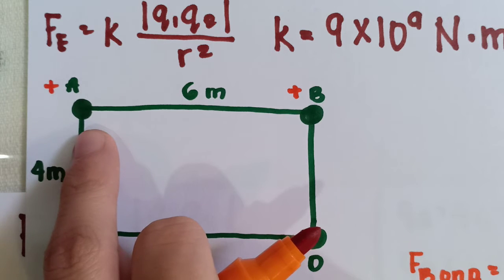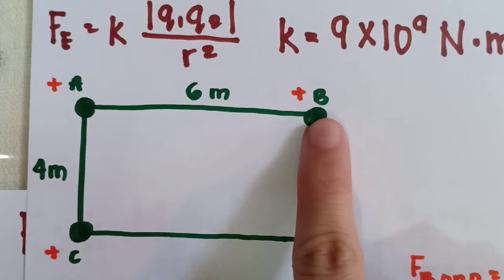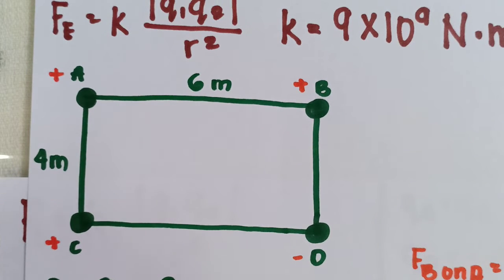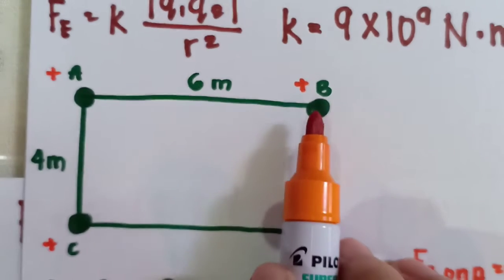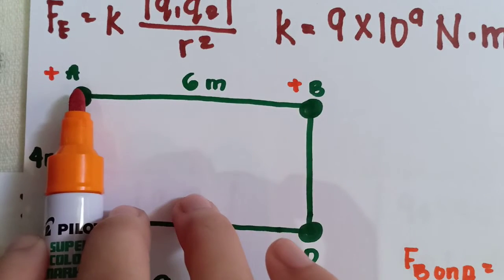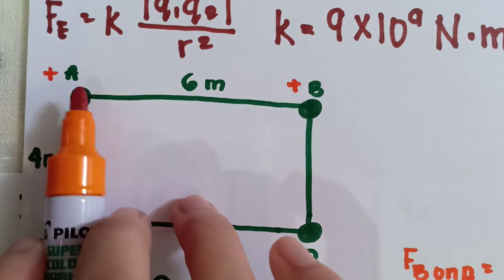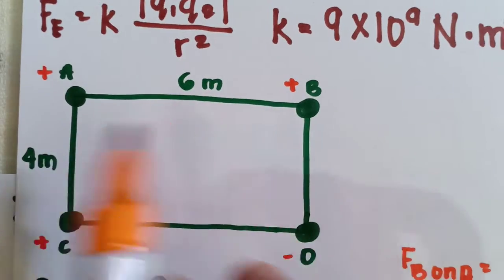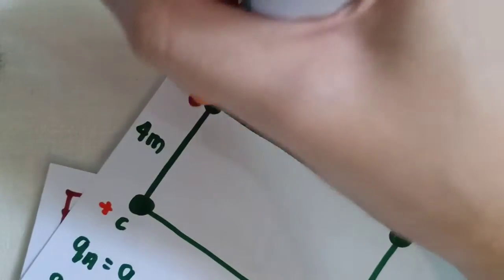So our first step is knowing which directions the forces on A are going. Remember that same charges repel and opposites attract. Since B to A is positive to positive, B repels or pushes A. So A will go to the left.